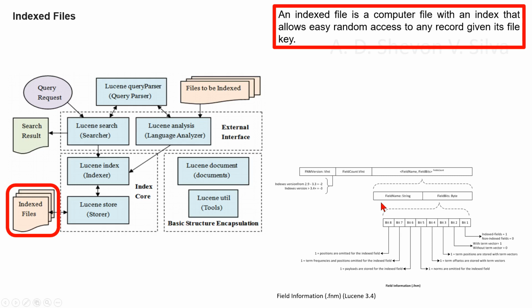Thus field 0 is the first field in the file, field 1 the next, and so on. Note that like document numbers, field numbers are segment relative.